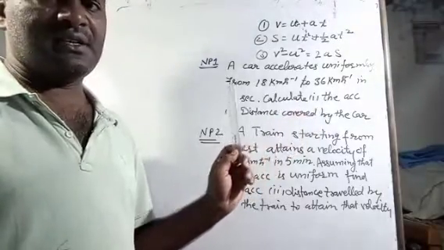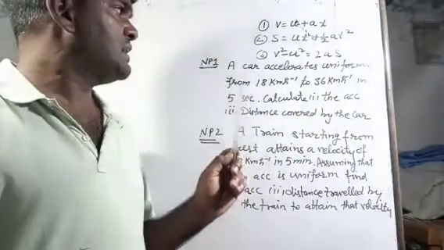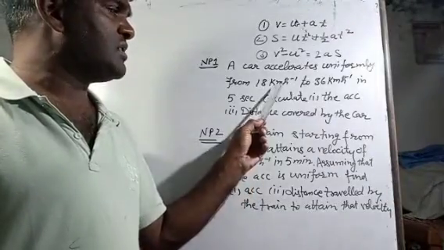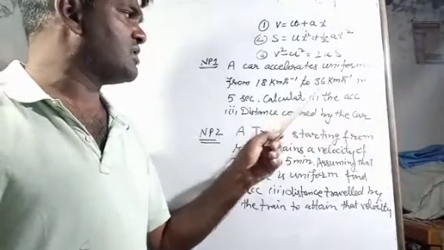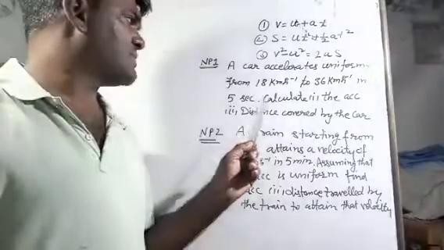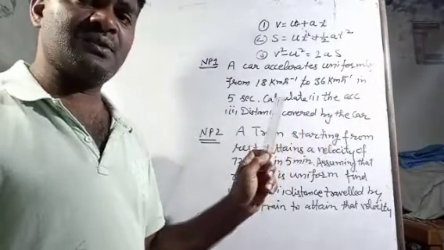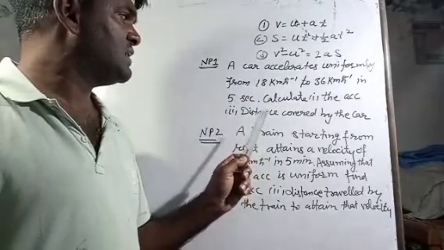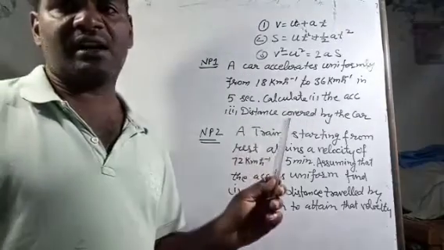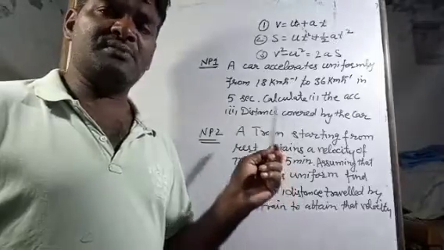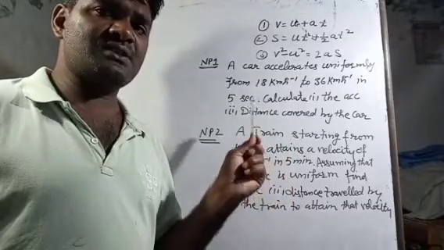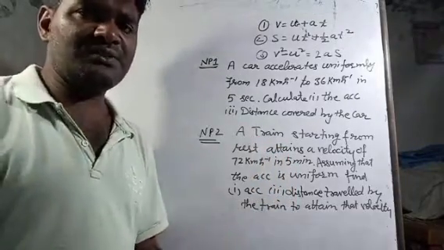It means the velocity of the car is changing from 18 km per hour to 36 km per hour in 5 seconds. We need to calculate the acceleration with which the car is moving and the distance covered by the car in this much time. How much time was there? 5 seconds.